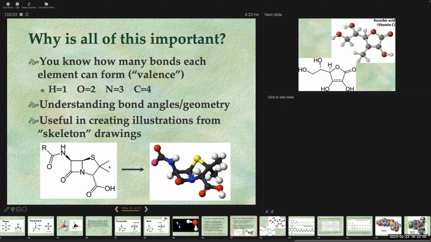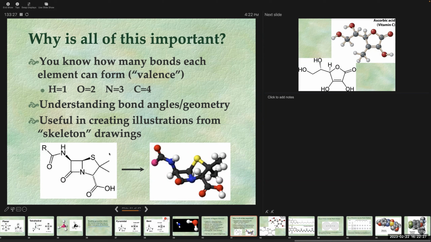If you look at these little sticks over on the right, remember I said that every endpoint is a carbon unless otherwise specified. Well, if there's a carbon out here at the end of this stick pointing towards the upper right, that means that carbon only has 1 bond connecting it to the rest of the molecule. But carbon has a valence of 4.